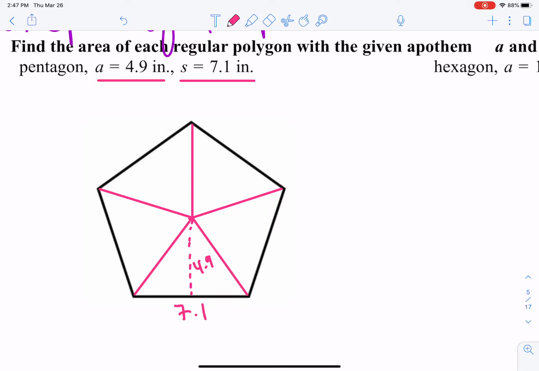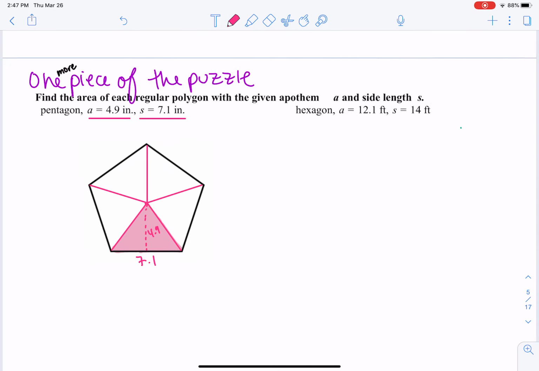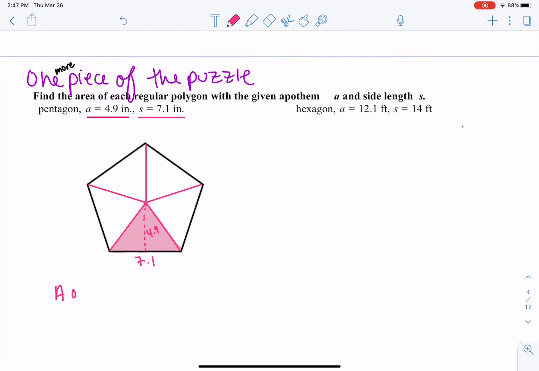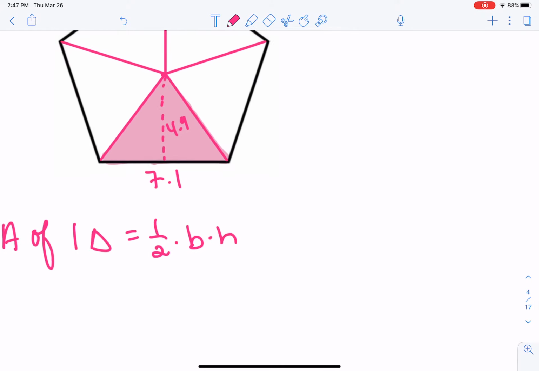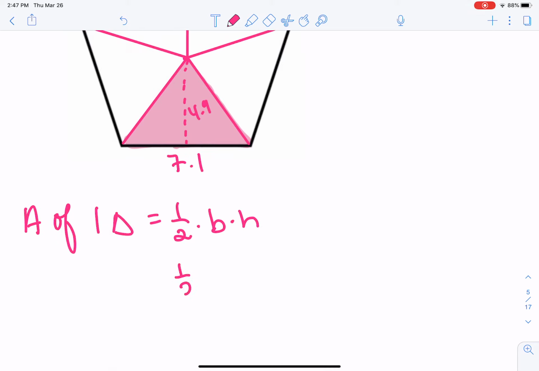So if I wanted to find the area of just this one triangle, I would use the area of a triangle, which is 1/2 times base times height. I know the base to be 7.1 and the height is 4.9.